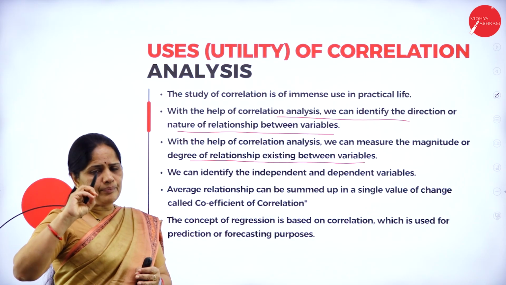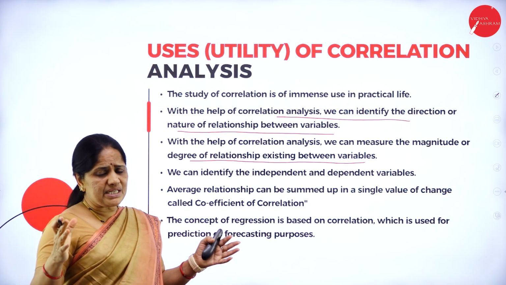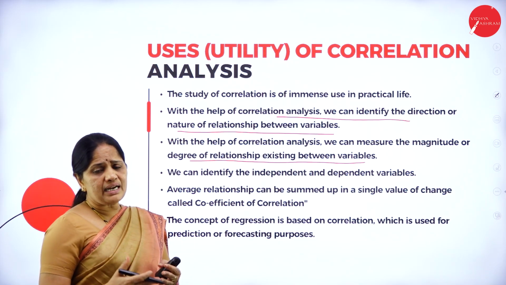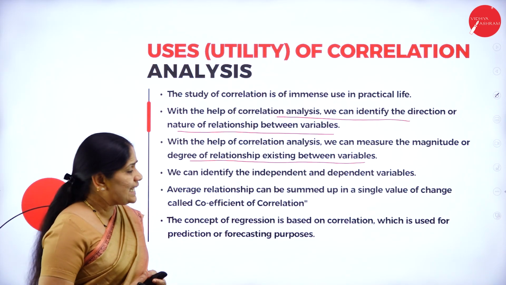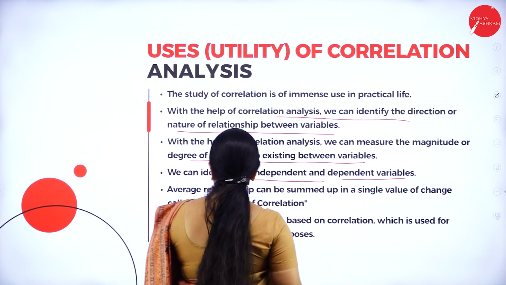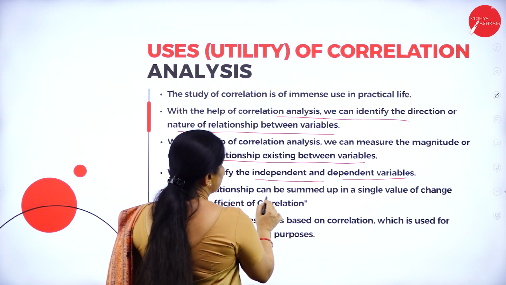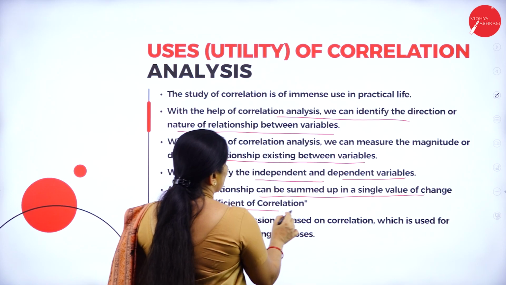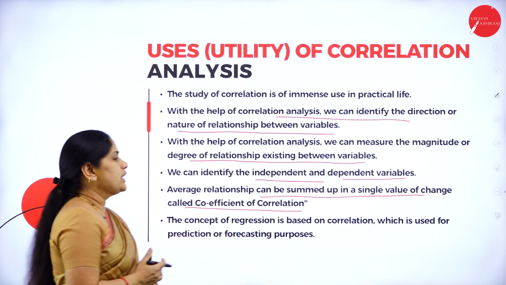If it is above 90%, then it means they are closely related. If it is below 50%, it means that they are not so very connected. We can identify the independent and the dependent variables. Average relationship can be summed up in a single value of change called the coefficient of correlation.